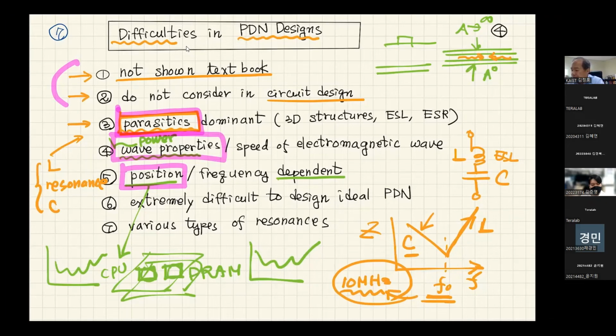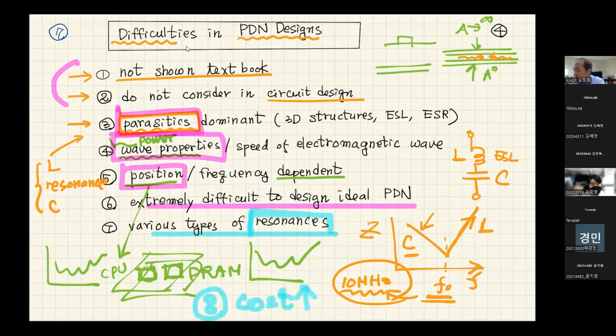Number 6 is it's extremely difficult to design ideal PDN, and also various types of resonances. We have to control the resonances. Number 8 is, I think, cost is really high.